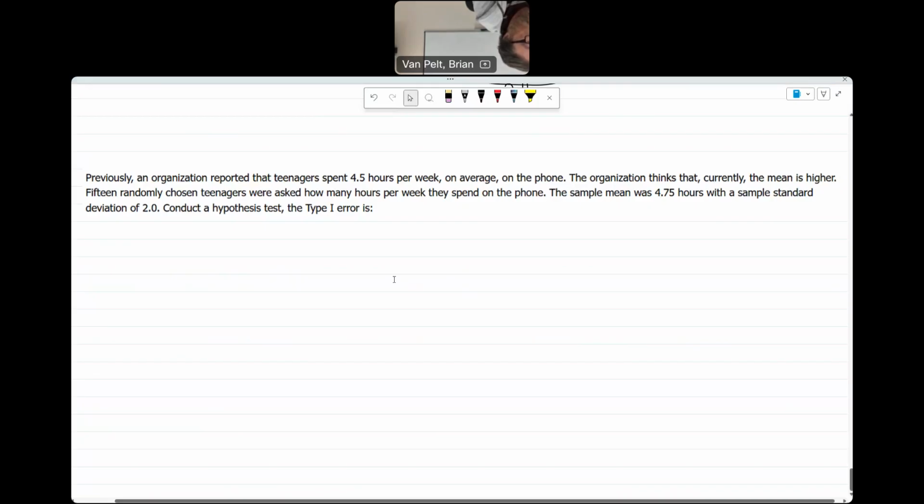So I'm going to find... Oh, but then after we find that out, what we do is the difference divided by the standard deviation over the square root of n.